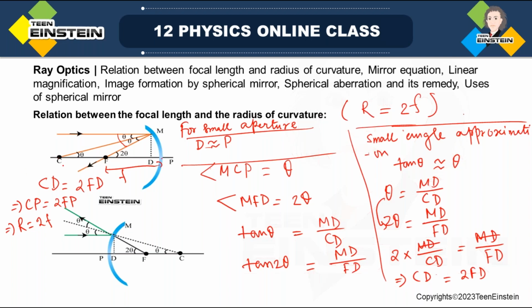So this particular length will be equal to f. If we keep one object on the center of curvature, then we should say that the object is placed at 2f distance away. All right, so this is how we can prove this relationship, R is equal to 2f.